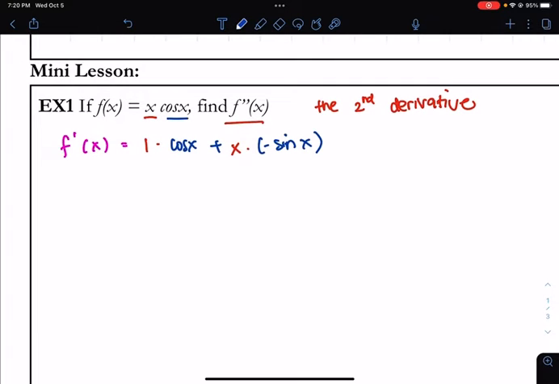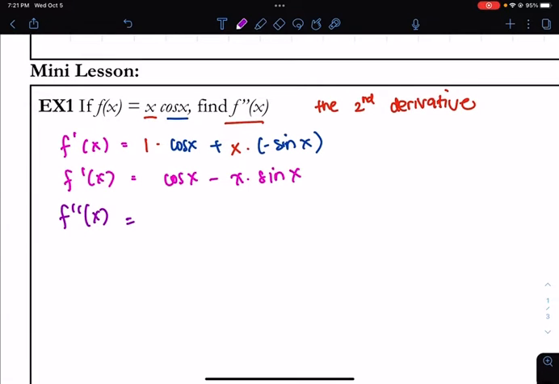Alright, so that's the first derivative. And we can just simplify it, so then this becomes cosine x minus x times sine x.